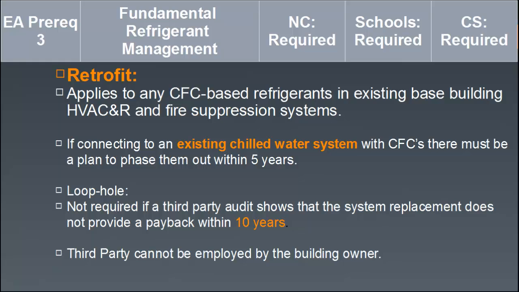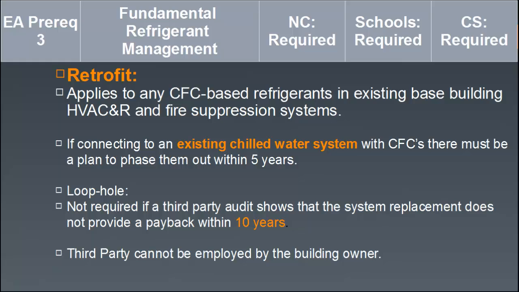within 5 years. There is a loophole, which is a small one, but it's not required if a third-party audit shows that the system replacement does not provide a payback within 10 years. You only want to bring this up or consider it if necessary.